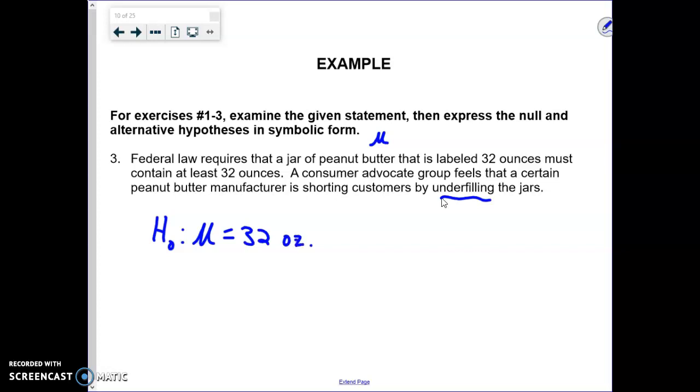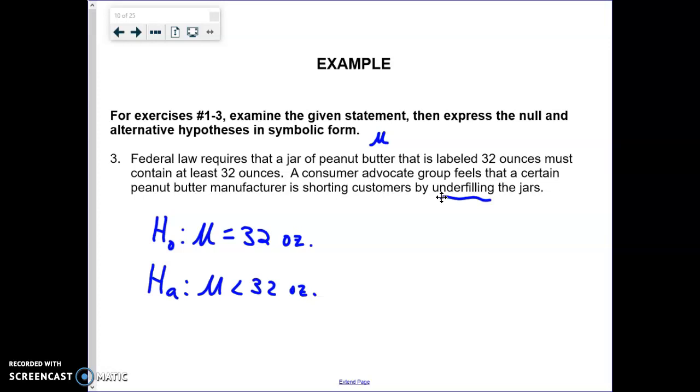So what's the alternative then? Well, they want to test to see if they are underfilling, meaning filling them with less than that. So we would just say less than 32 ounces is our alternative. And then, of course, you collect your sample of however many jars you want, find the amount in each jar, average it for that sample, and see how that average compares to what it's supposed to be, 32 ounces.